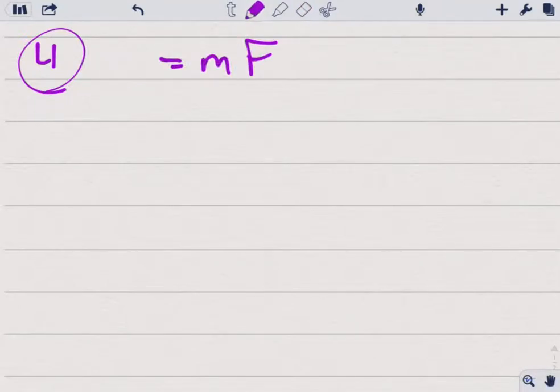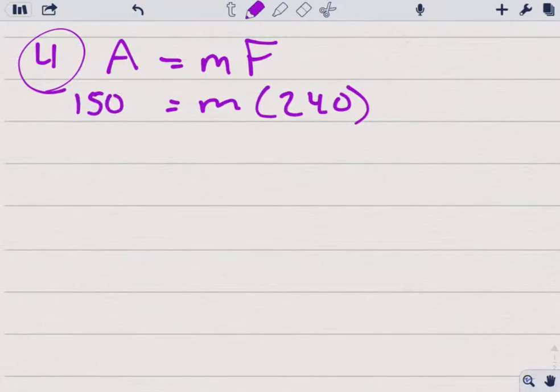I'll use a capital A. If a force of 240 causes an acceleration of 150 meters per second squared, we can solve for m. So 150 divided by 240 is equal to 0.0625. We've got our constant of variation.